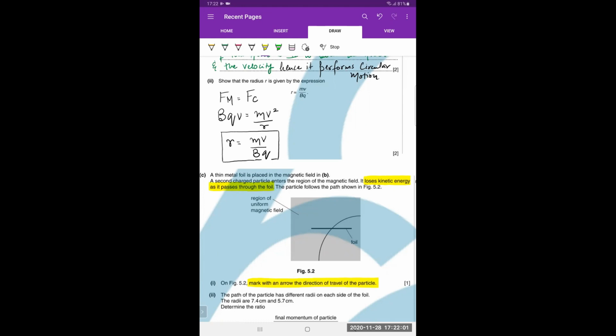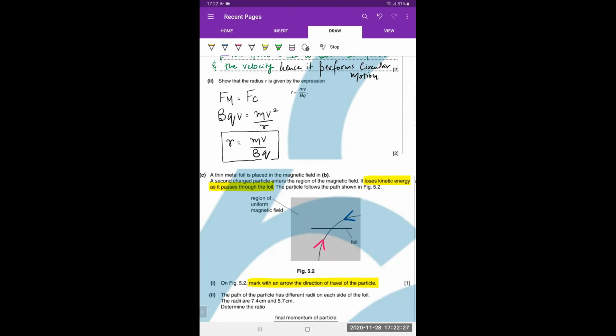See, there are two options. I can either mark the direction of travel with the red marker, that is one possibility, and the other possibility is the one which I'm marking with the blue colored marker. Now we are supposed to decide which of the two is correct.